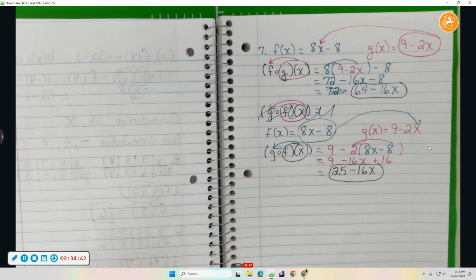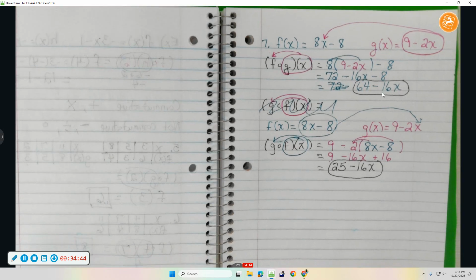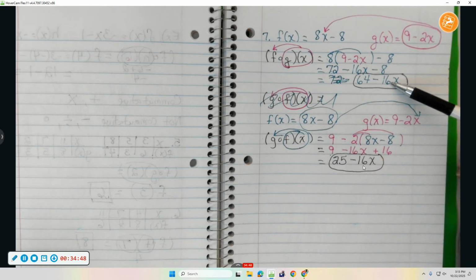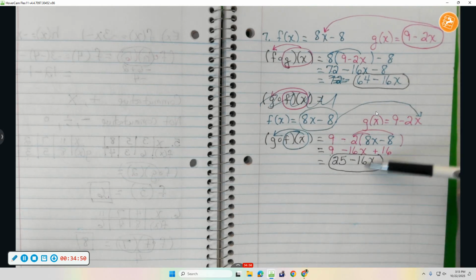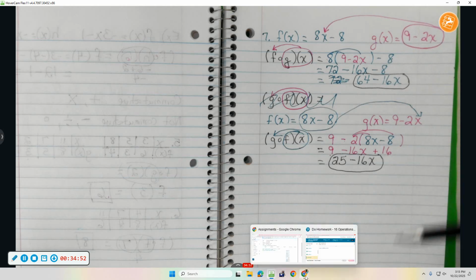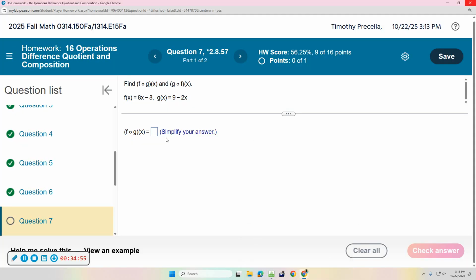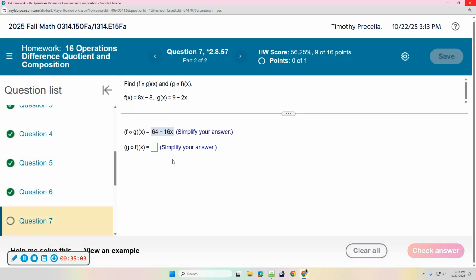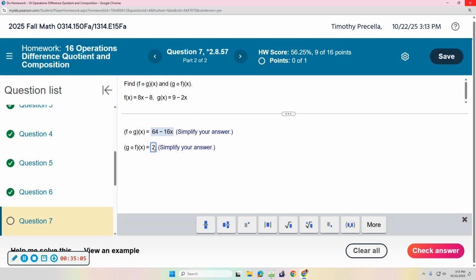As we said, in most cases, f composed with g will not equal g composed with f. I better type these answers in. So 64 minus 16x is the first one, and then the second one was 25 minus 16x.